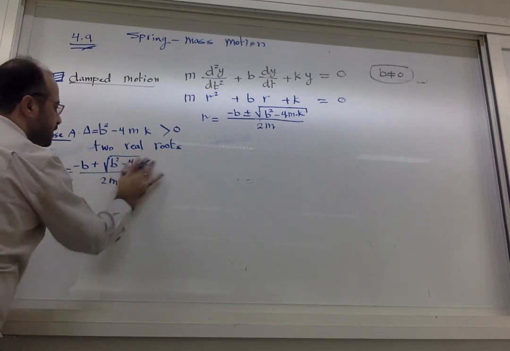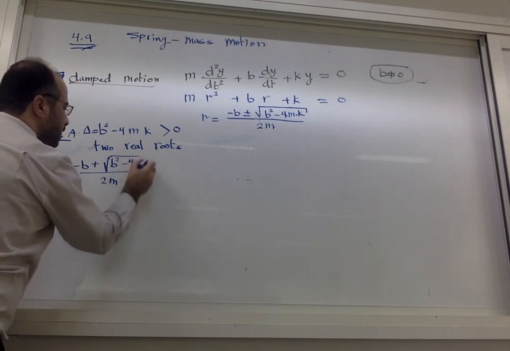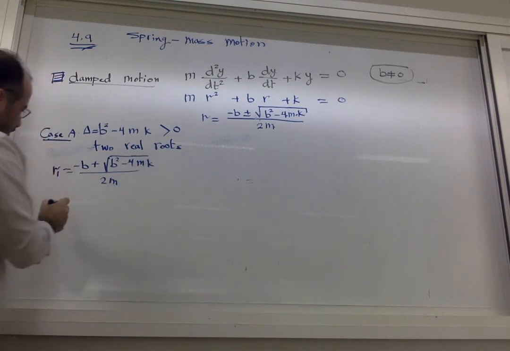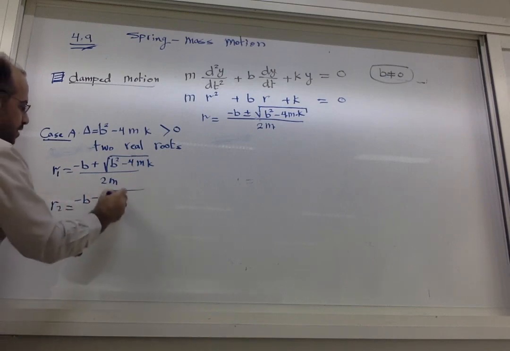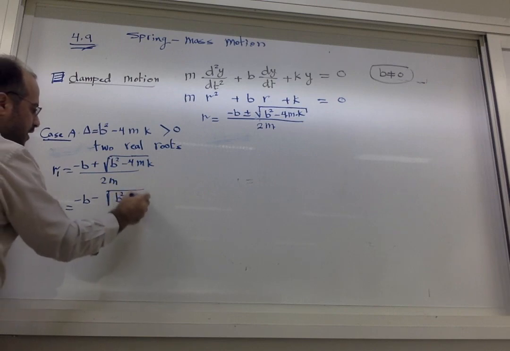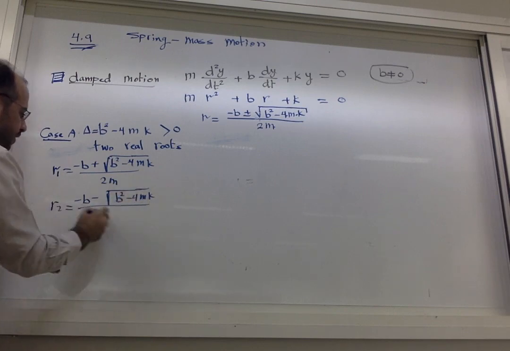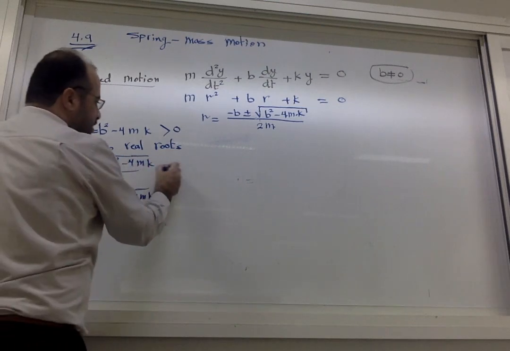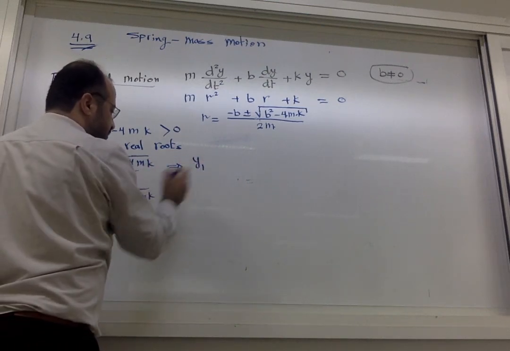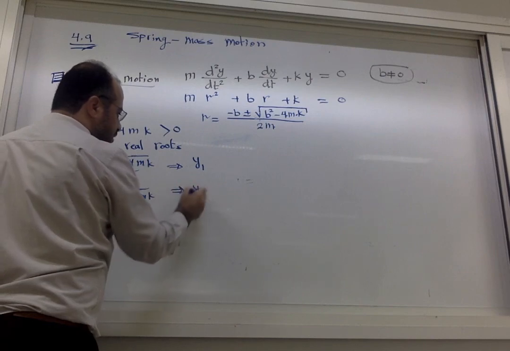And r2 is minus p minus the square root of p squared minus 4mk over 2m. Good? One with plus, one with minus. This one is going to give me y1, and this one is going to give me y2.